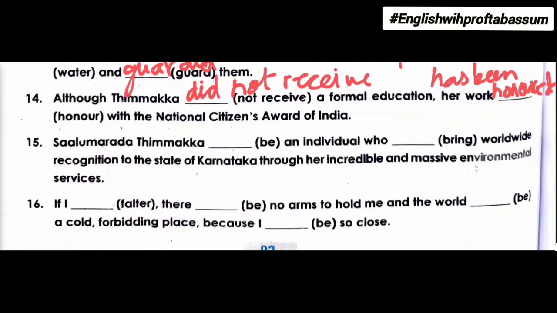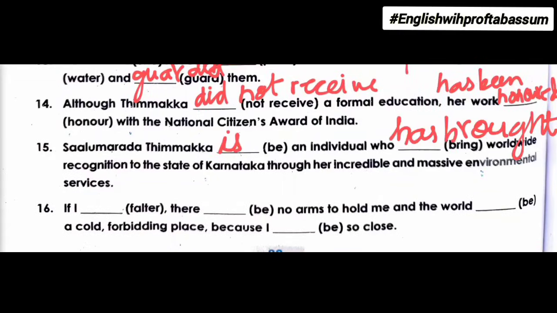So we'll use Thimmakka is. Now the second blank. In this sentence there is an error. It should be who has dash. So we must use the V3 form, that is the past participle form. So has plus V3 means has brought. The V3 form of bring is brought. So the final answer is: Salumarada Thimmakka is an individual who has brought.